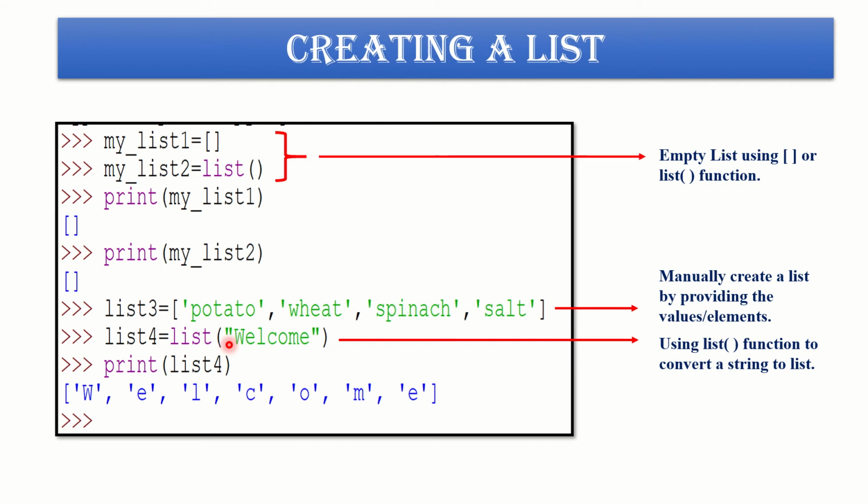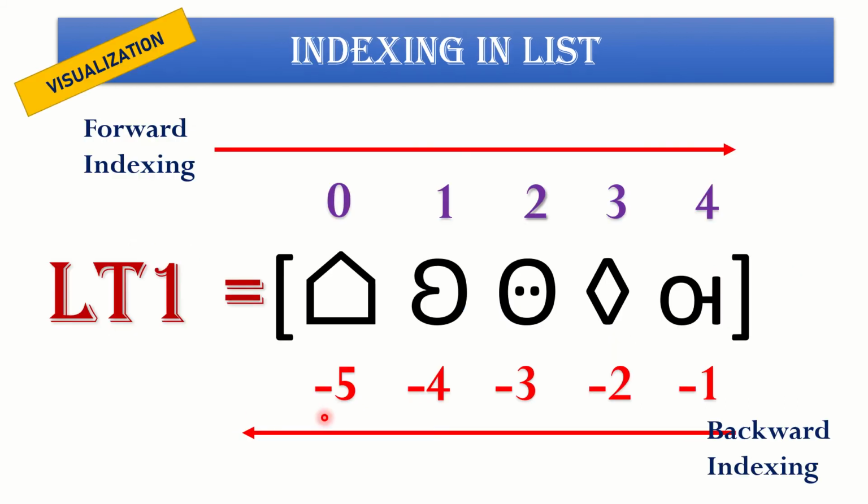You can also convert a string value to a list by using the list function. So all the alphabets of the string get converted to elements of the list. So welcome here has all the alphabets of welcome have become elements of a list.